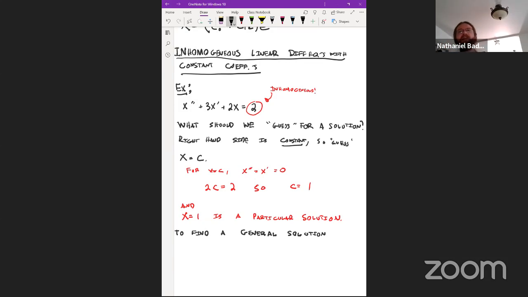We're going to notice that we can add the homogeneous solution to the particular solution. So in particular, to find a general solution, we noticed that the following is going to hold.